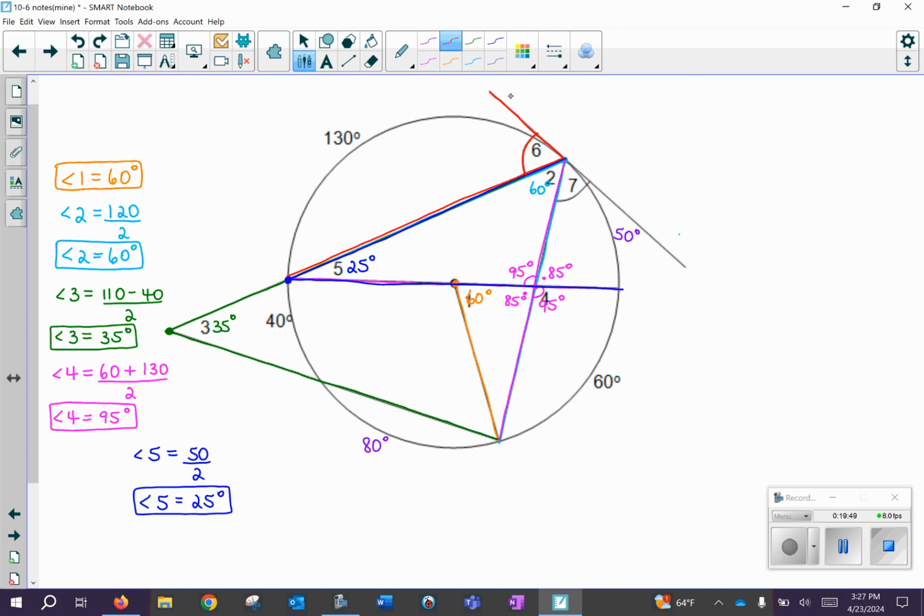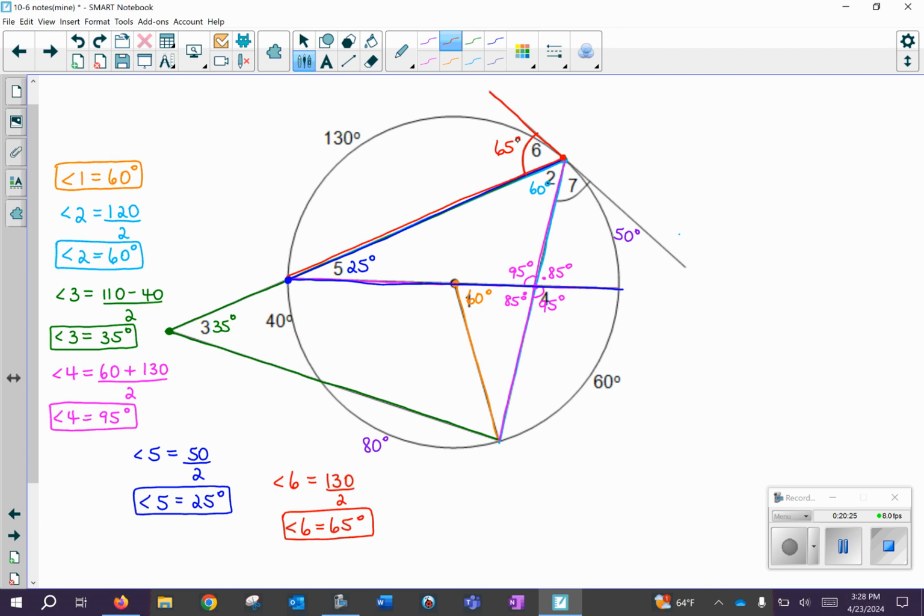Okay, so this is an angle with its vertex on the circle. So once again, its angle equals arc over 2. So the arc that's inside the red, right? It always has to do with the arc of the circle. The arc that's completely inside the red is 130 degrees over 2, and therefore angle 6 is going to be 65 degrees. All right, put that in the picture.